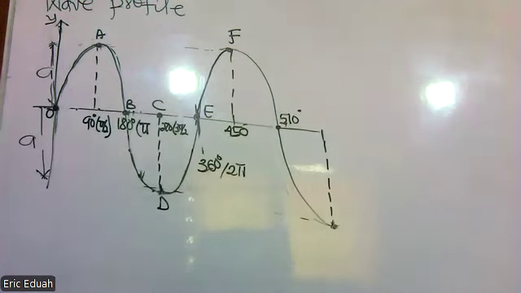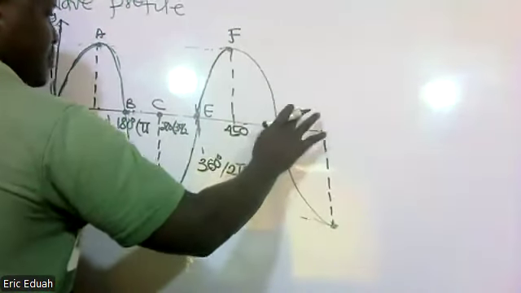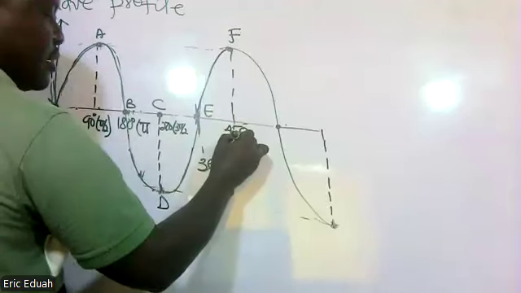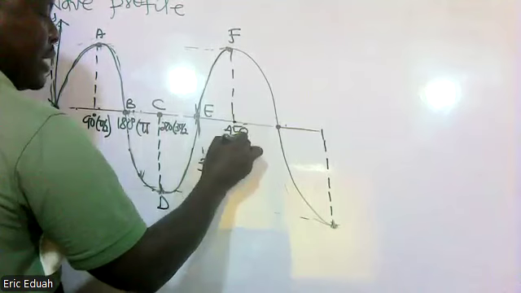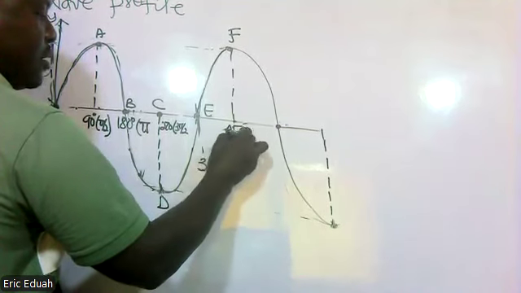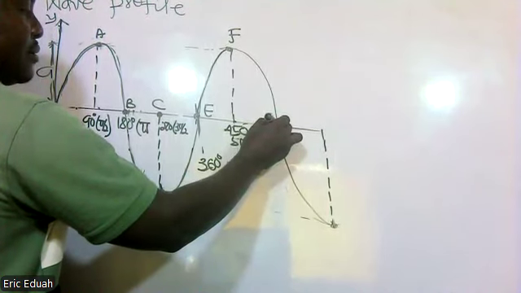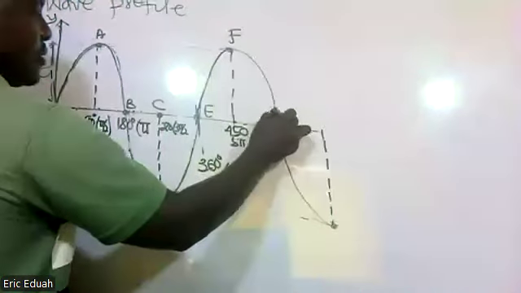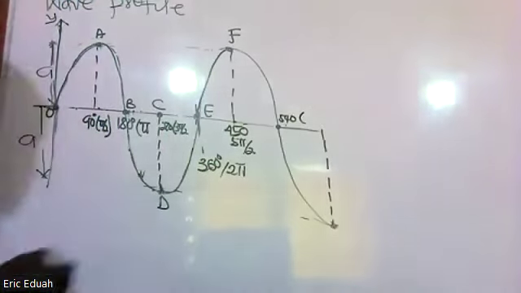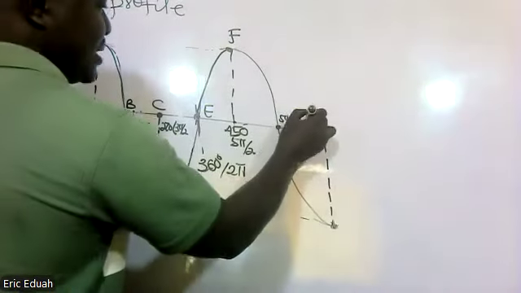What is the radian equivalent of 450? 5 pi on 2. Plus 90, 540. The radian equivalent, 3 pi.